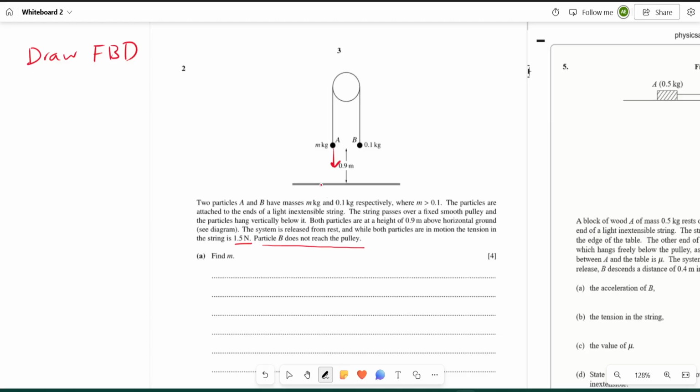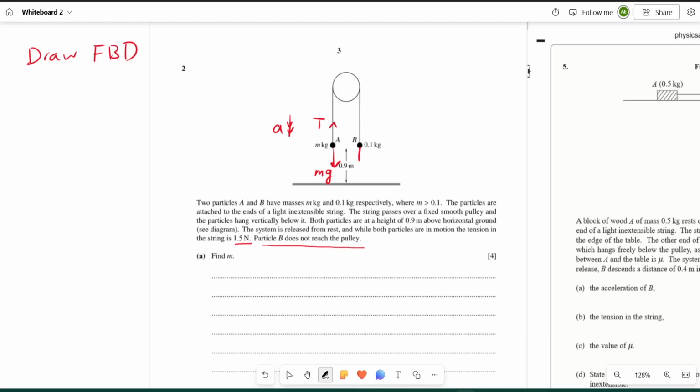It's going to be the weight force, which is completely down, and it's going to have a value of mass times g, the acceleration of gravity, and A will have tension that is upwards. A is going to move down, so it's going to have an acceleration down. When you draw acceleration, you draw a line with two arrows to differentiate between an acceleration vector and a force vector. So acceleration has two arrows. Now this is particle A.